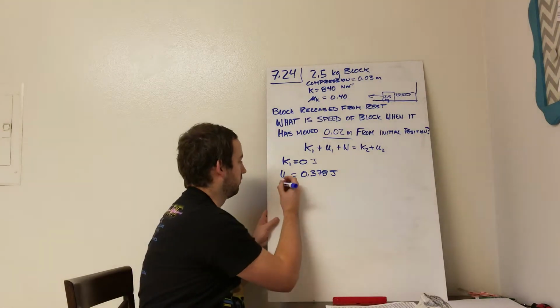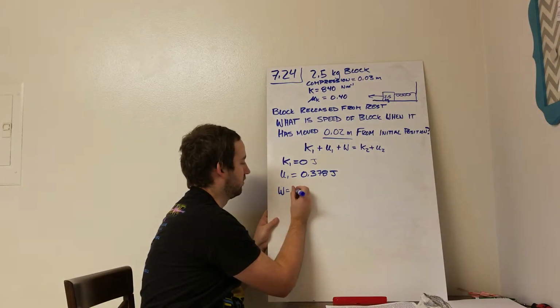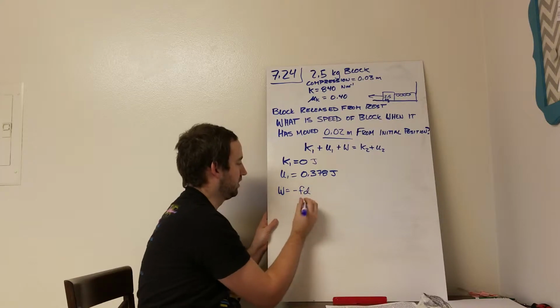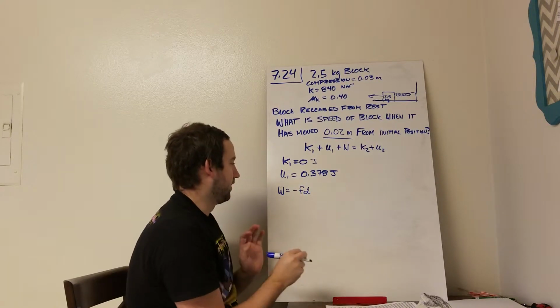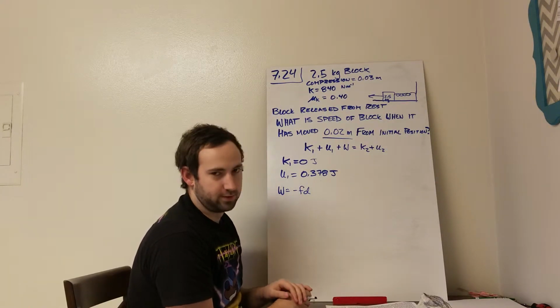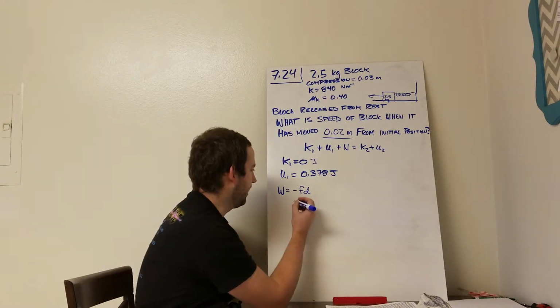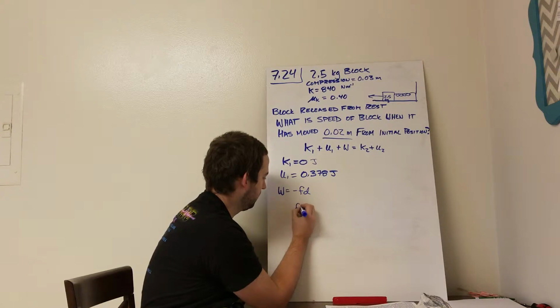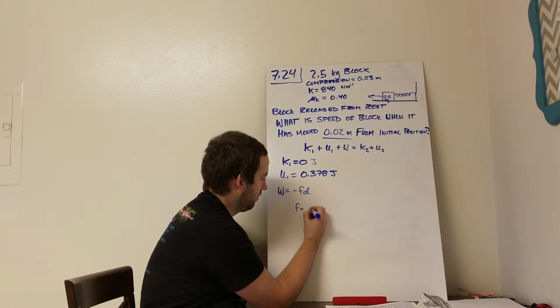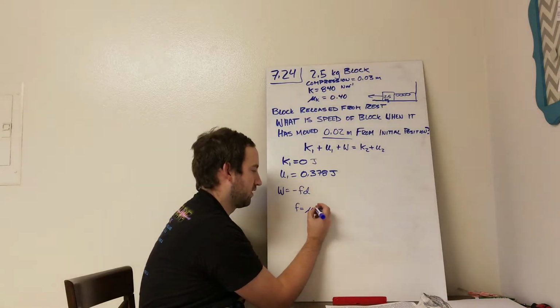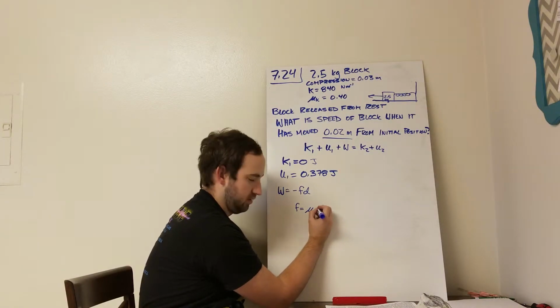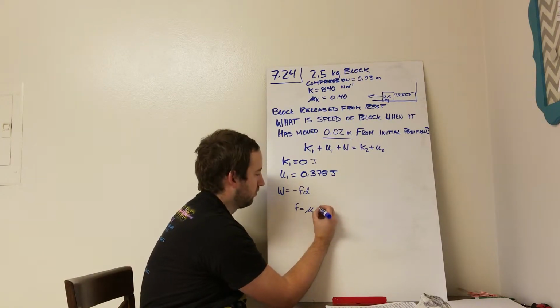So work, we know, is equal to negative F d. And this doesn't do much for us the way it is right now. We need to break this up even further. So we know that F equals the coefficient of kinetic friction times the normal force.